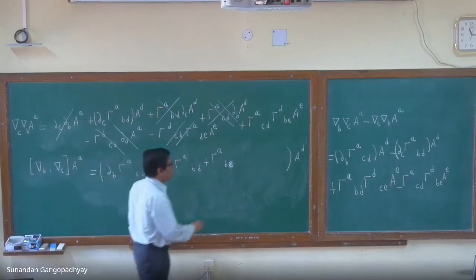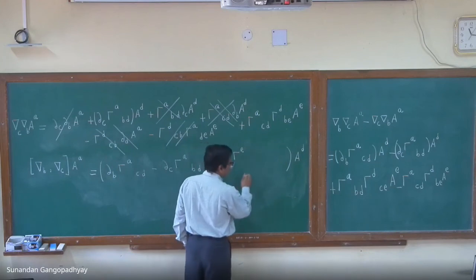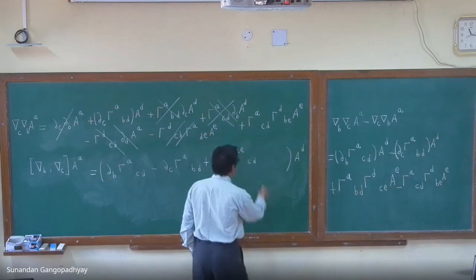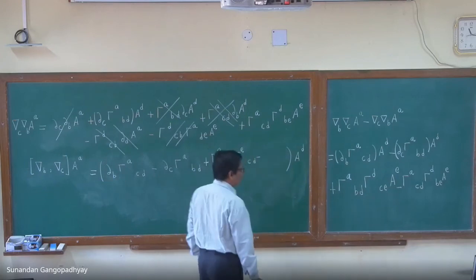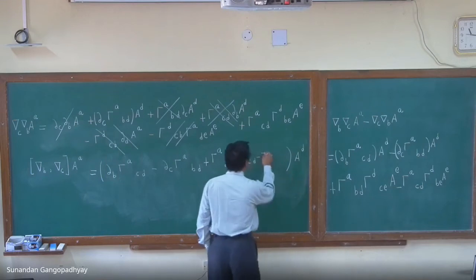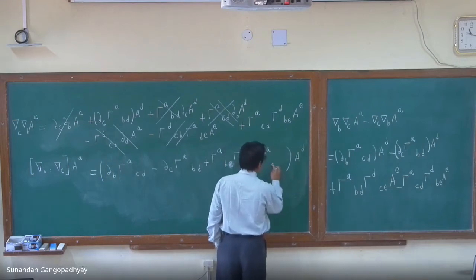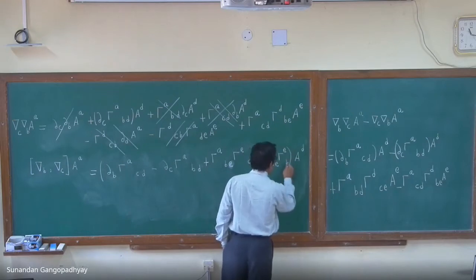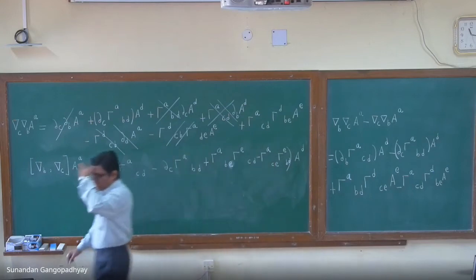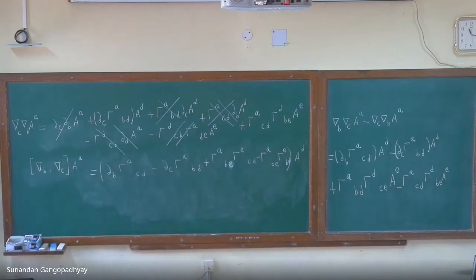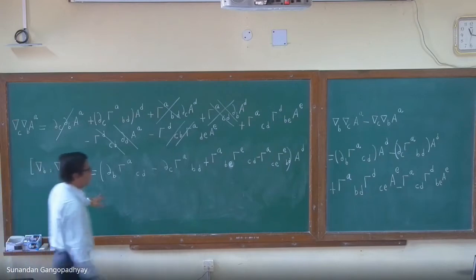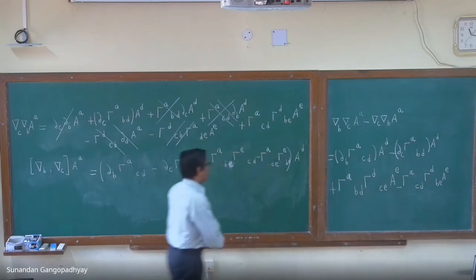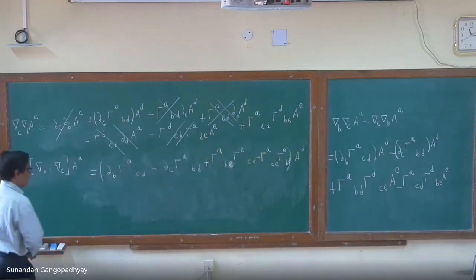So gamma A B E gamma E C B minus gamma A C E gamma E B. You can use your indices and take A E out. Just replace E by D and take A E out. Good. So this is what we have.